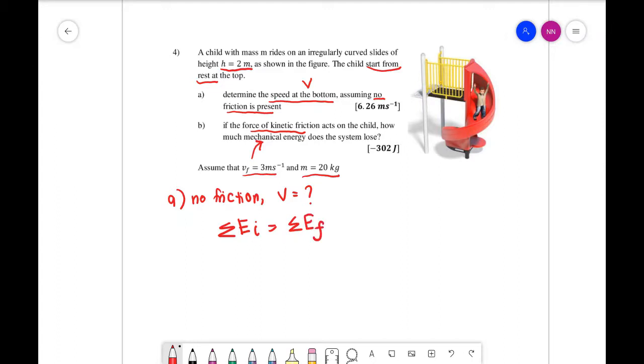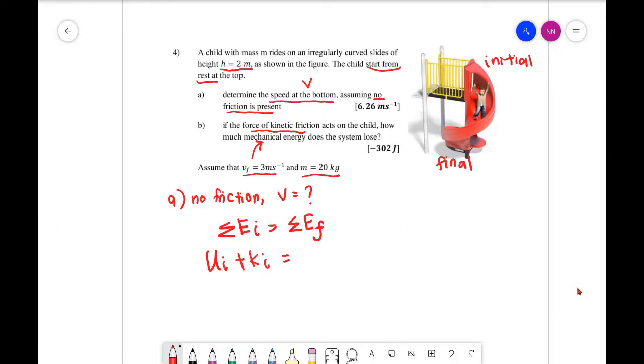So first we have to identify what kind of energy at initial position, and then what kind of energy at final position. Initially the child is at a particular height, so the child has potential energy. The child is at rest, so it has no kinetic energy initially.